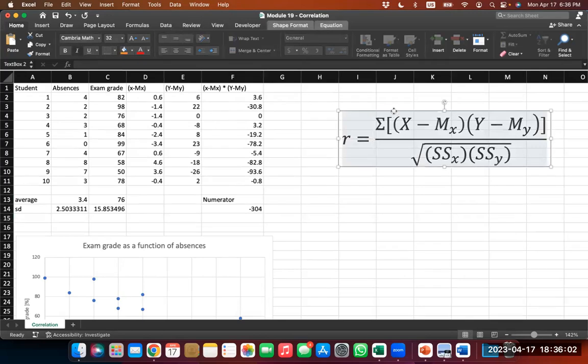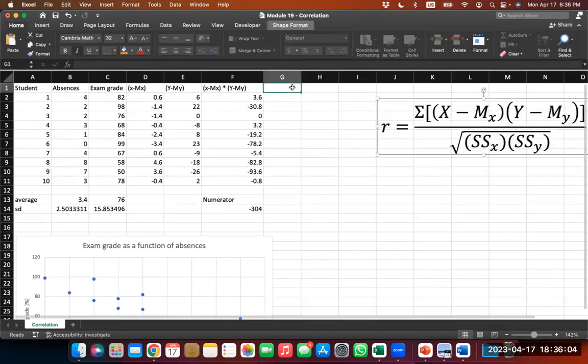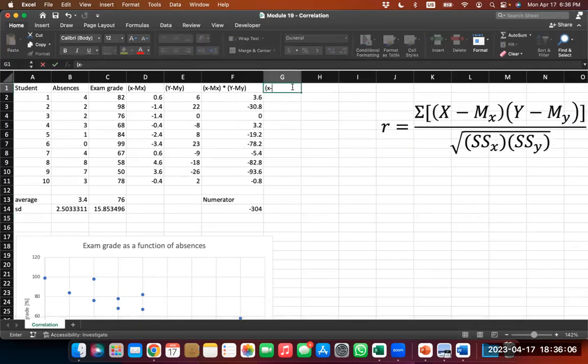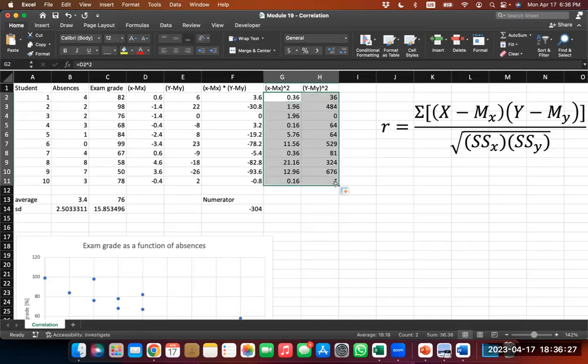Now getting the sum of squares is simple because we have already what it takes. We have x minus mx squared, then we have y minus my squared. We're calculating this squared, and this squared. Now we just need to pull this down and sum that up.